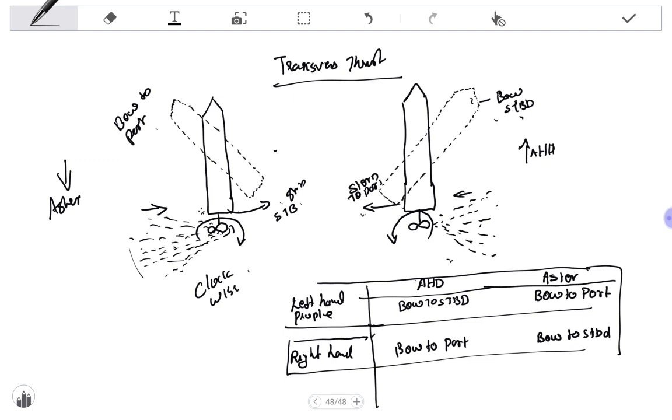If the bow goes to port at ahead movement with a right-handed propeller, obviously at astern movement it will go to starboard. The vice versa will be for a left-handed propeller. So remember, right-handed propeller, ahead movement, bow to port. Remember this only. Okay, thank you.